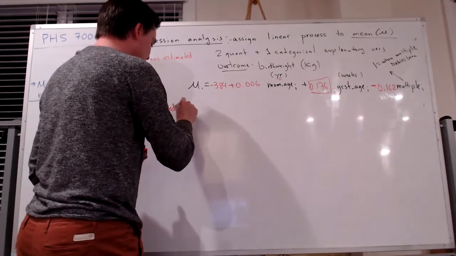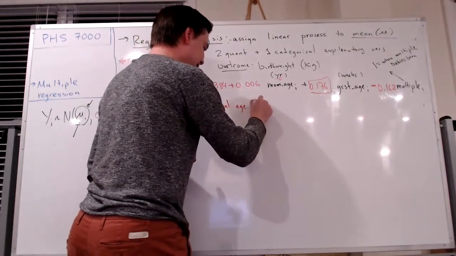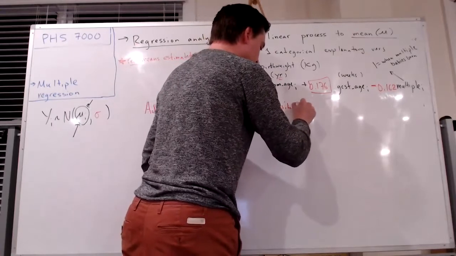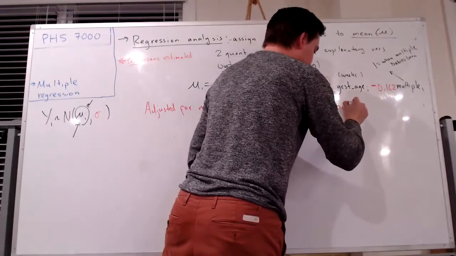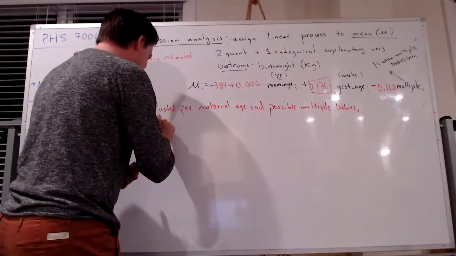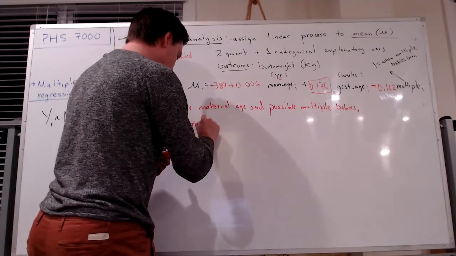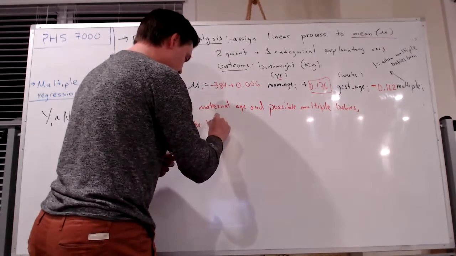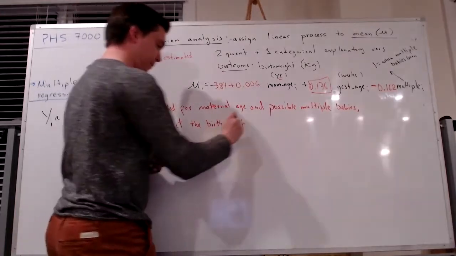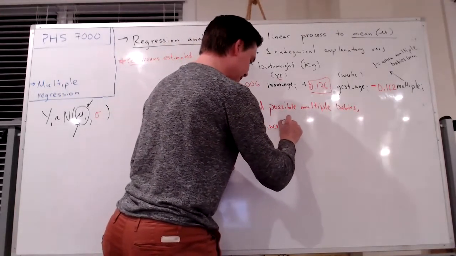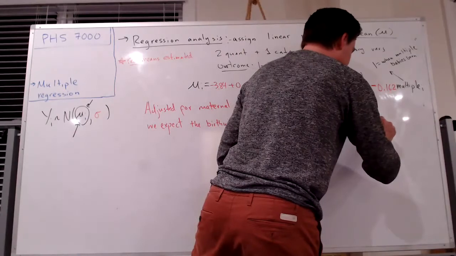Adjusted for maternal age and possible multiple deliveries, multiple babies, we expect the birth weight, and more specifically the population mean birth weight, to increase by 0.176 kilograms on average.